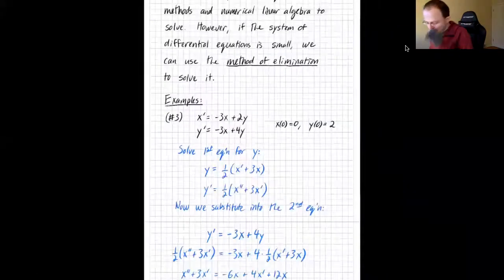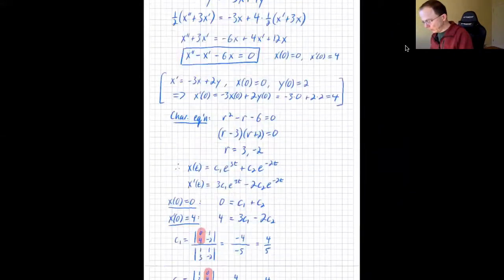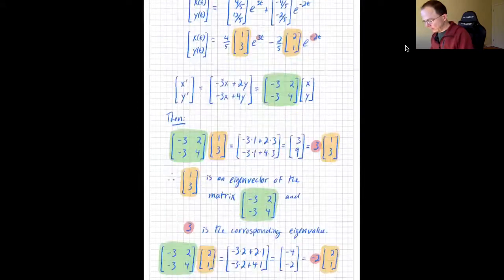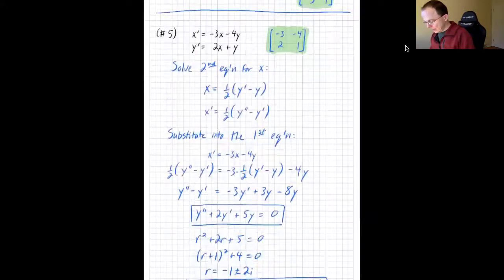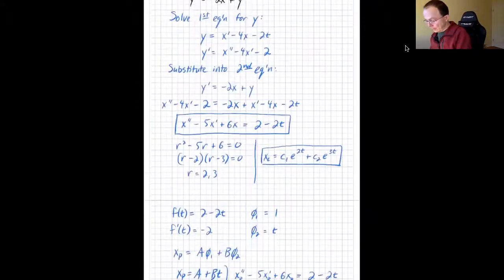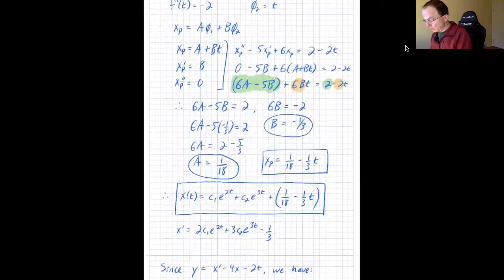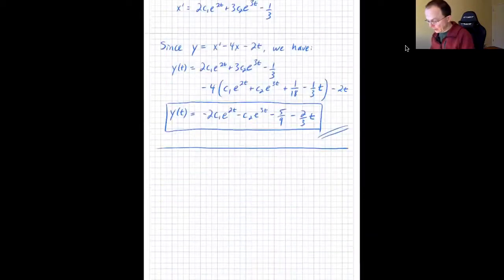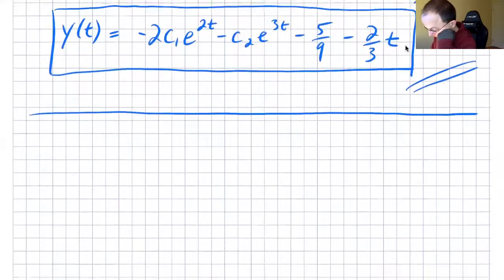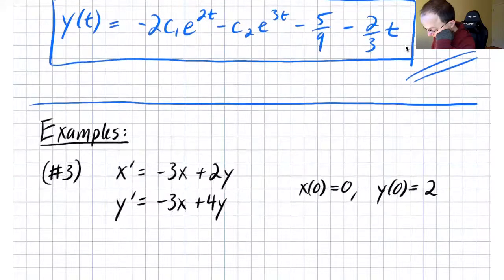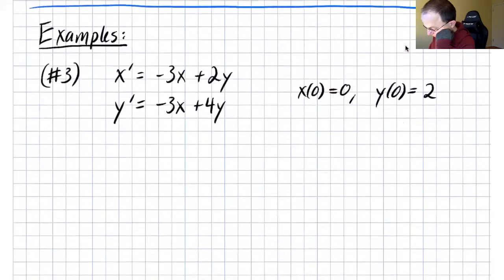You could use Laplace transforms even without initial conditions. You just have to say, you know, x of 0 is x naught and y of 0 is y naught, and then just plug that in. So that's entirely possible. But let's look at this example again using Laplace transforms.